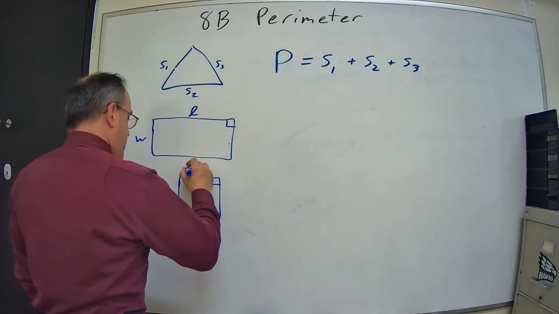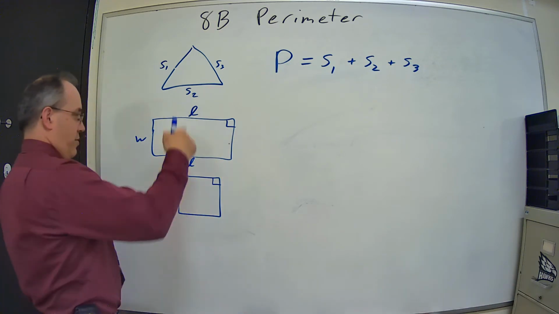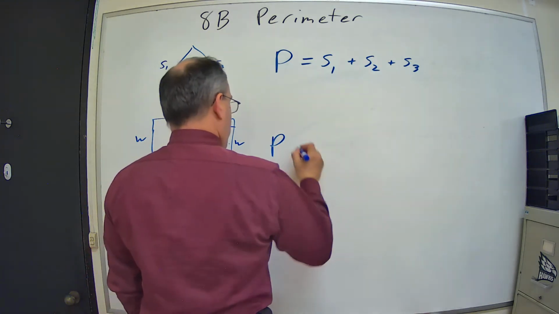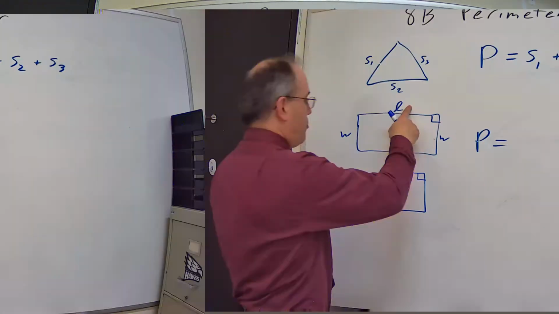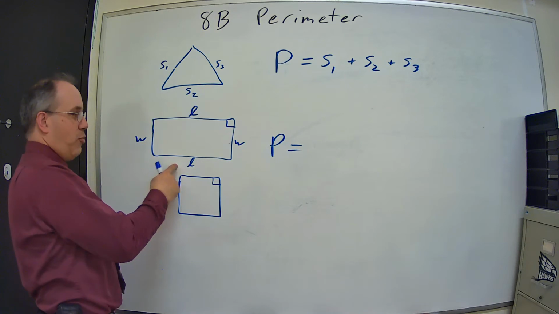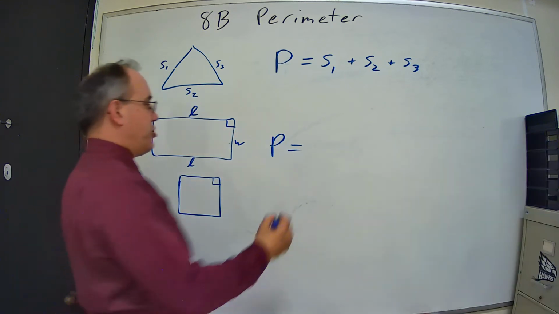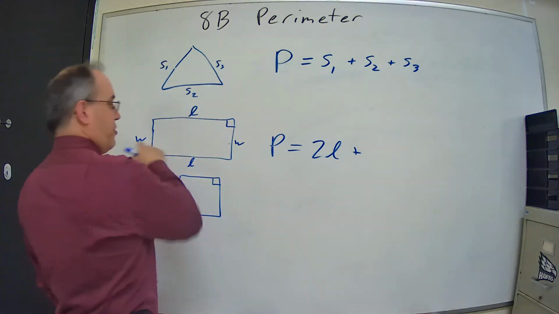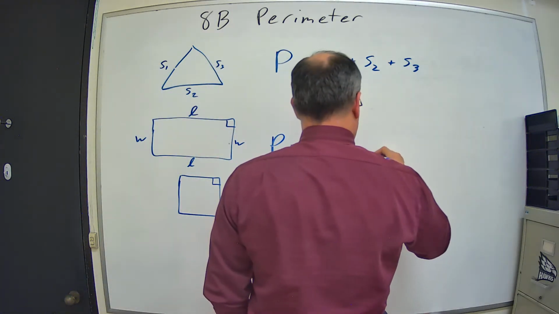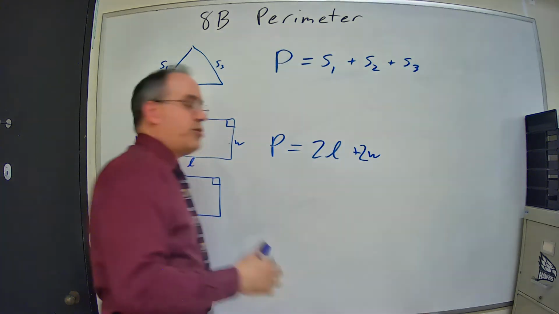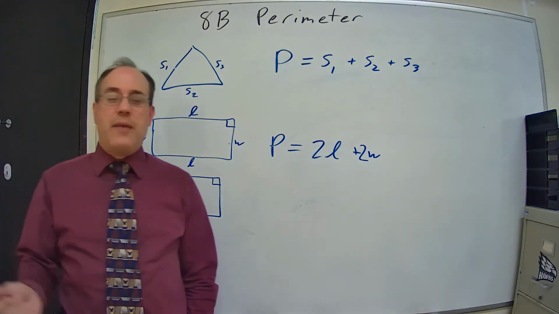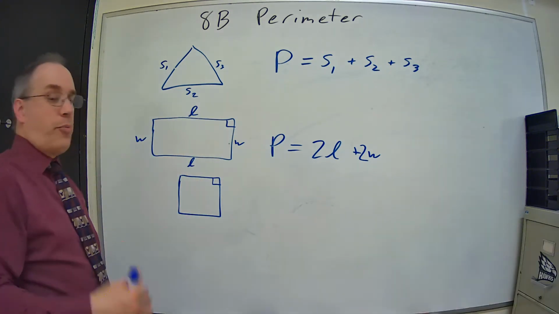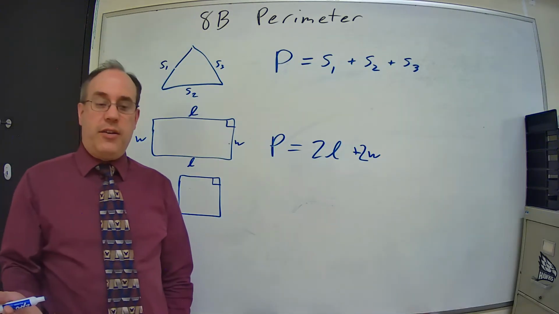So the opposite sides are the same length, so that's another L and that's another W. So our perimeter is equal to L plus W plus L plus W, or that's 2 L's plus 2 W's. So that's 2 times the length plus 2 times the width. So that's the perimeter of a rectangle.